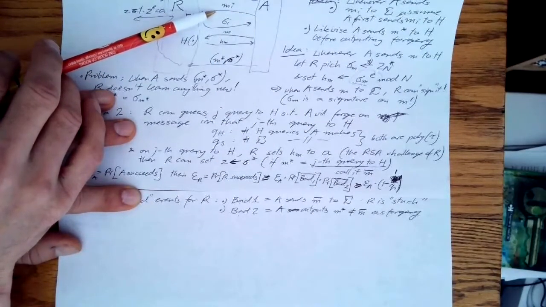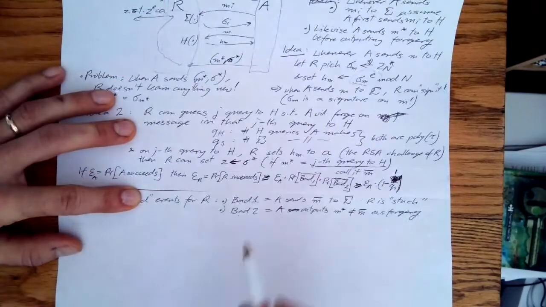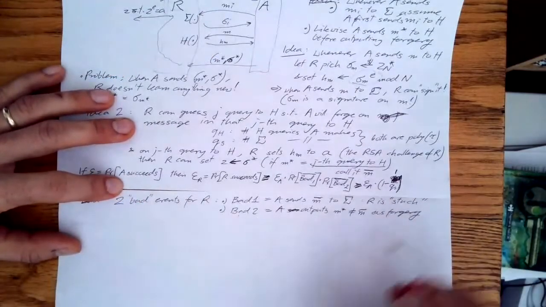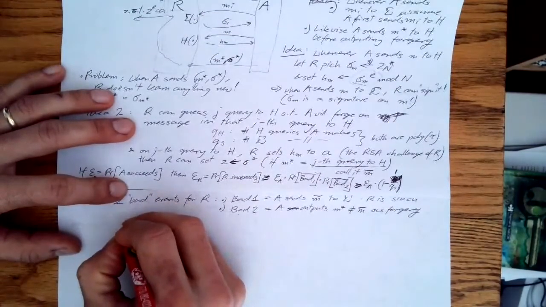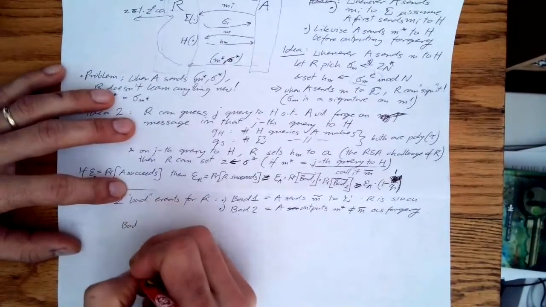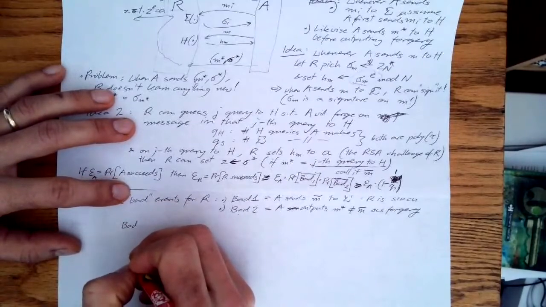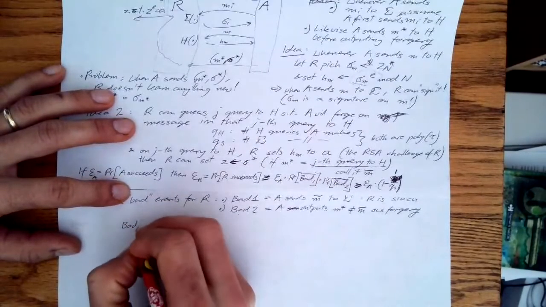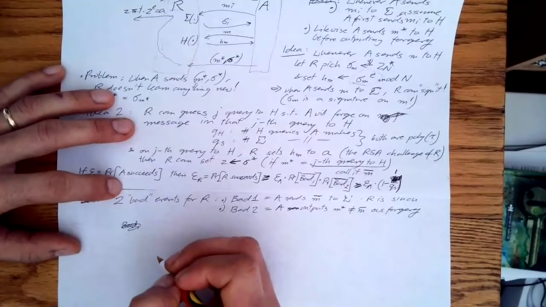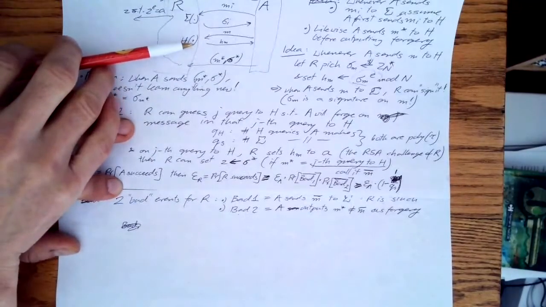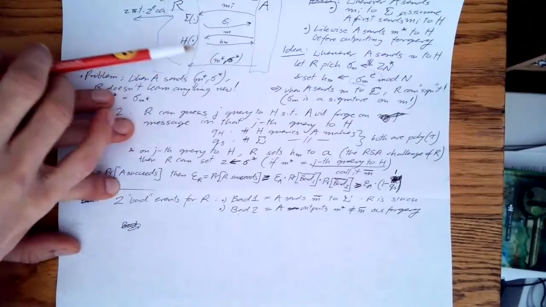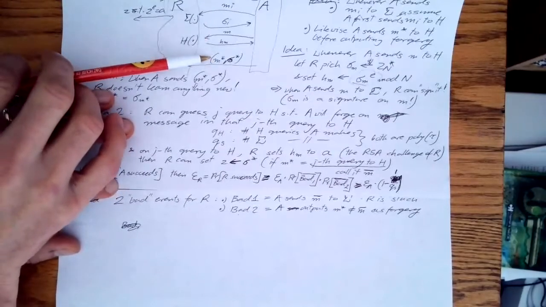You know what? Let's upper bound this. So definitely the reduction has some chance of succeeding, right?